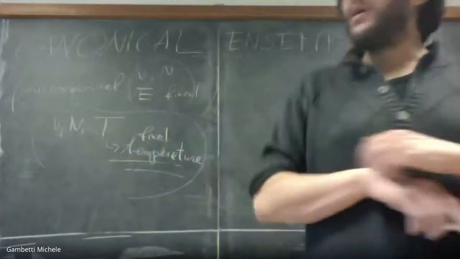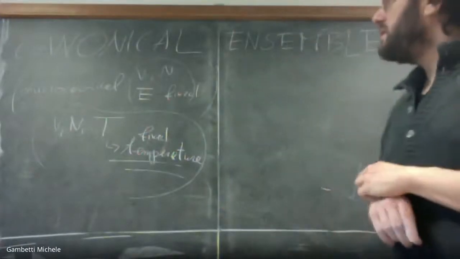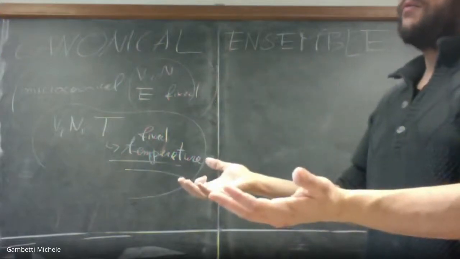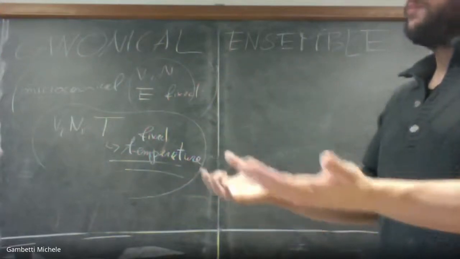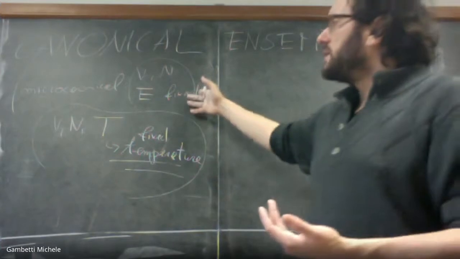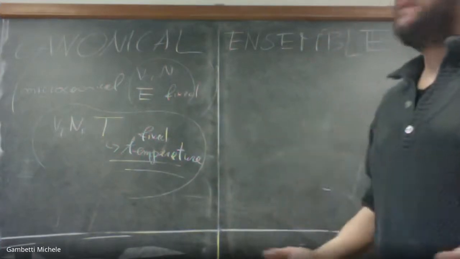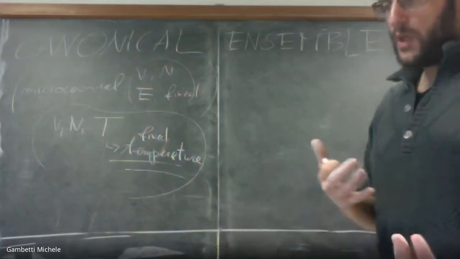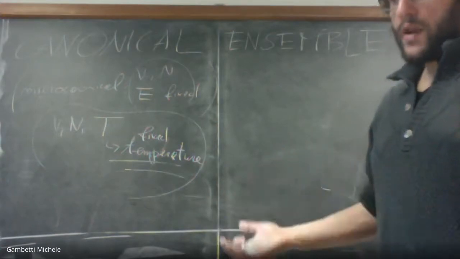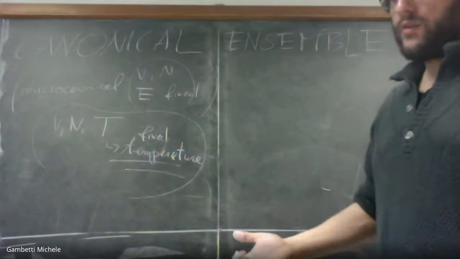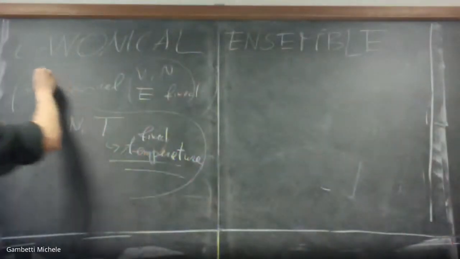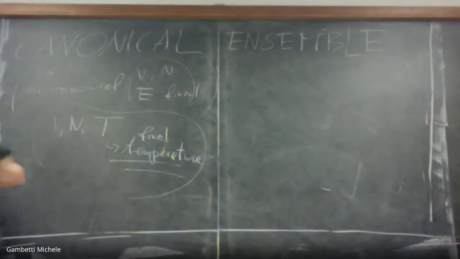Now remember that when we were dealing with the microcanonical ensemble, we were computing the volume of the phase space occupied by my system, and the quantity that we directly derived was the entropy. The connection between the entropy, which is a thermodynamical variable, and the microphysics of my system is the equation of Boltzmann, no?